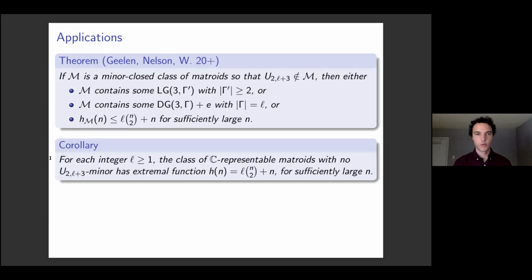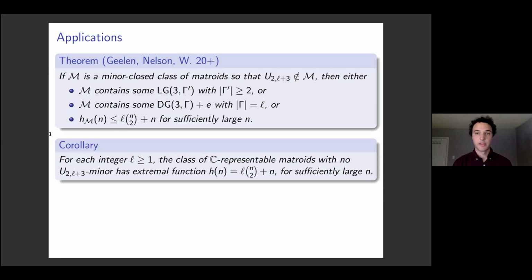Okay, so why does that follow from this theorem? Well, as we saw on the previous slide, these first two outcomes are not representable over fields of characteristic 0. So these first two outcomes do not hold. And therefore, this theorem gives us an upper bound of l times n choose 2 plus n.